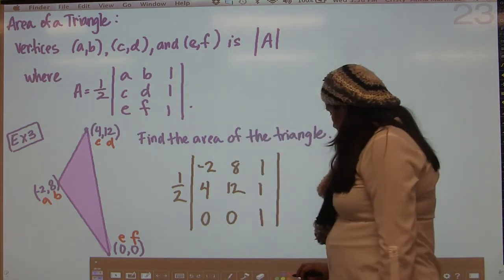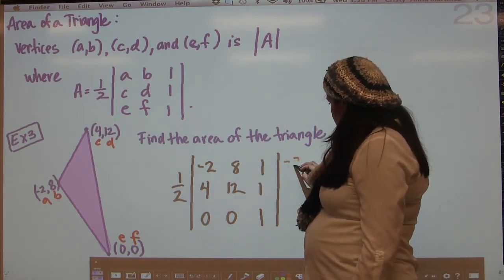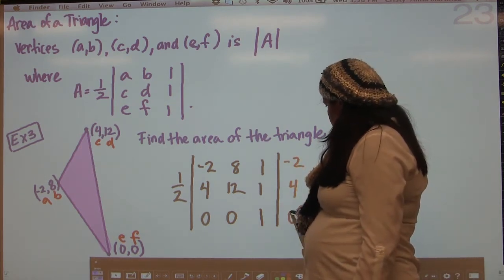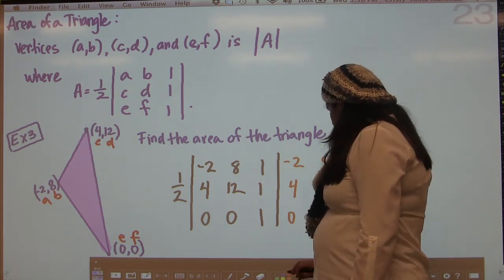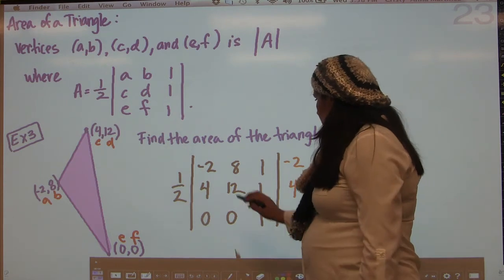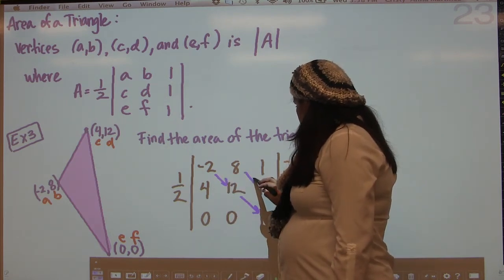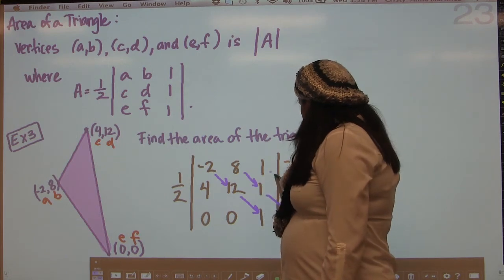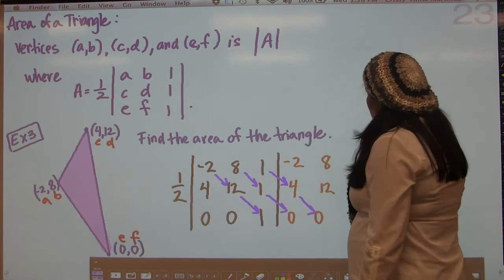But like we learned before, the first thing I want to do is to rewrite the first two columns, so negative 2, 4, 0, 8, 12, 0. Then we want to do our arrows going this direction. Okay, so I'm going to come over here where I have more space.